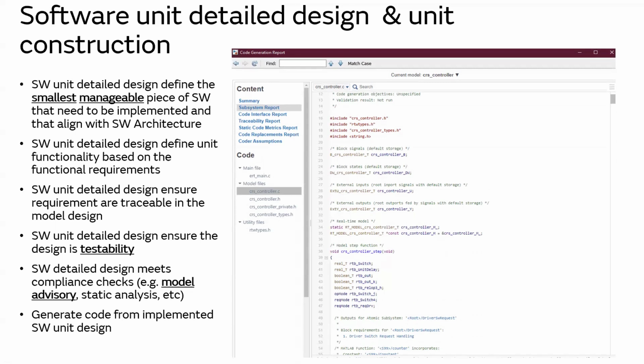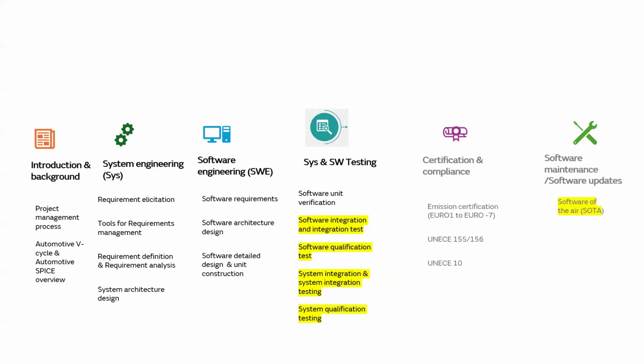Moving on, we have now covered the software requirements, software architecture design, and software detailed design and unit construction. This one explains how the requirements need to be implemented.